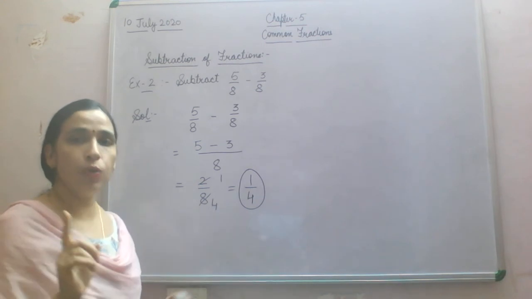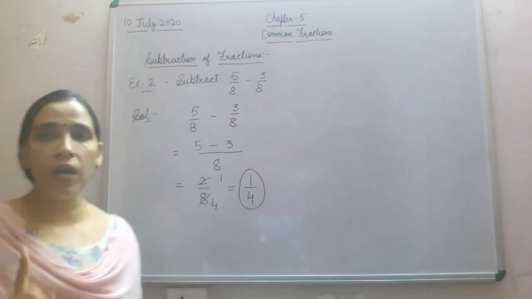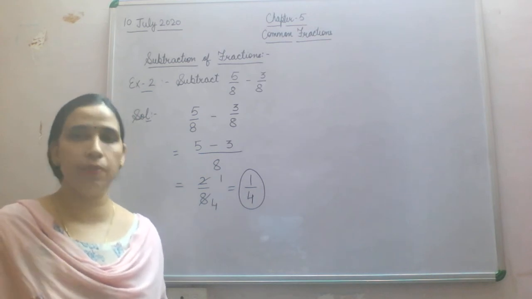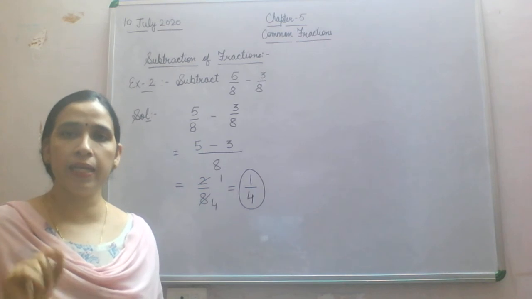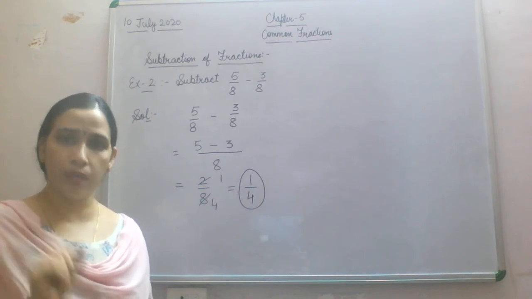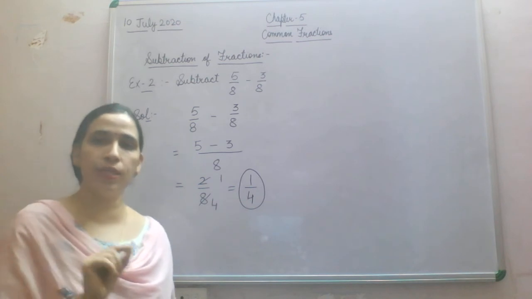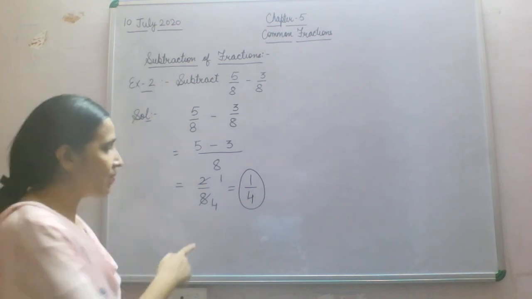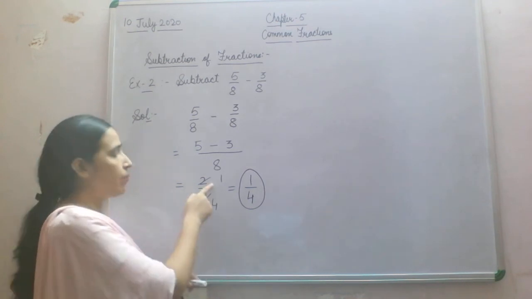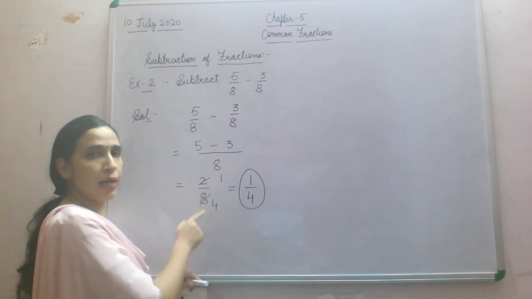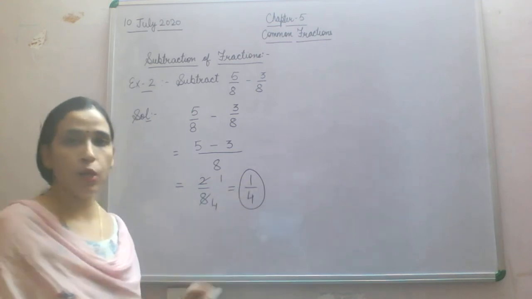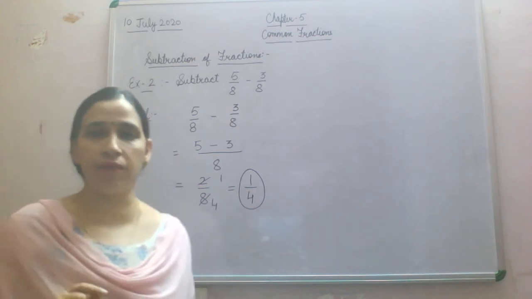So now children, you have to remember: if you have been given any fractions and you are doing addition or subtraction, after getting the result of that question, you are going to reduce it into its lowest term. As we have done the reduction here with the table of 2, 2 1s and 2 4s, we get 1 by 4 as the answer. So this is subtraction of like fractions.